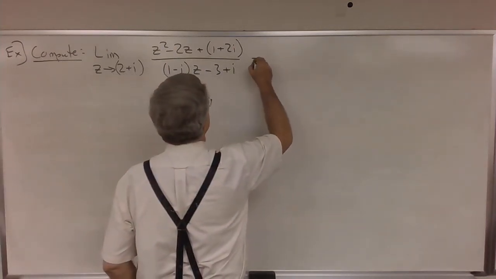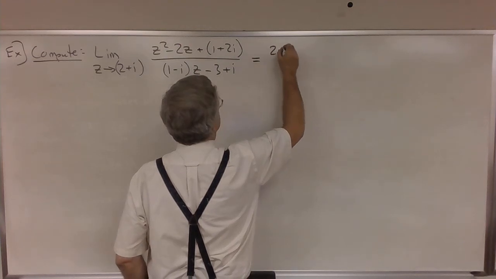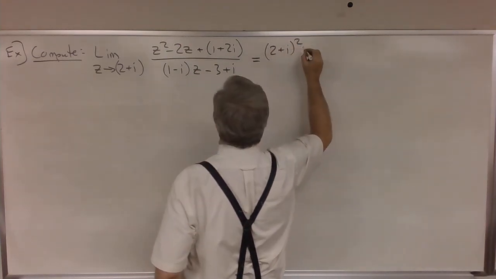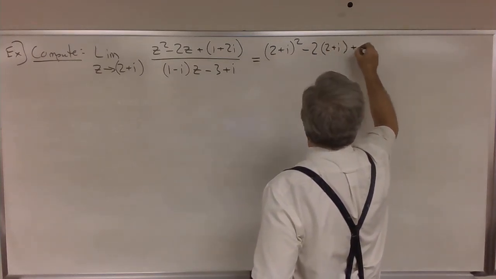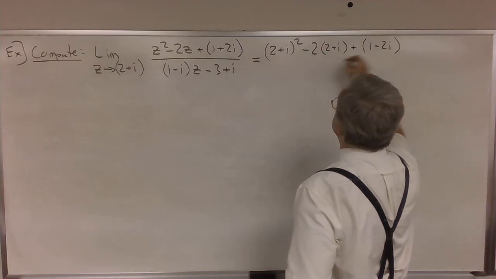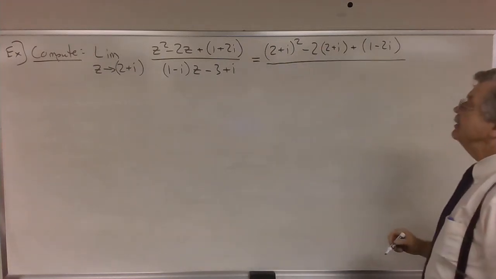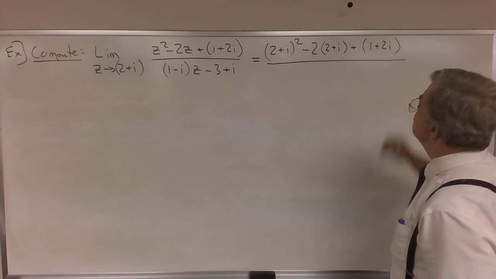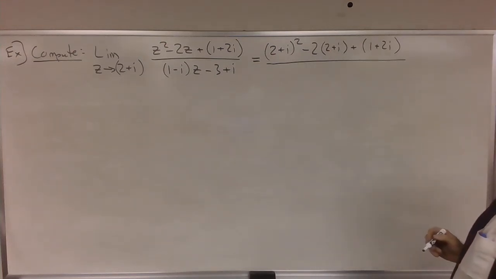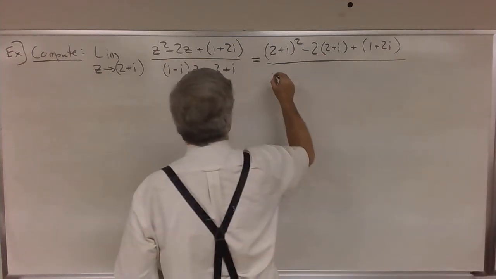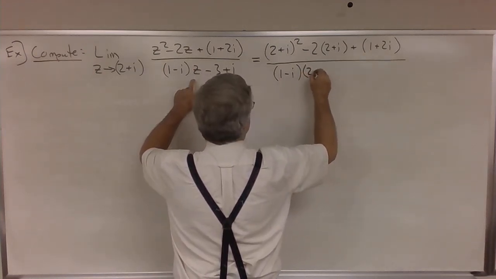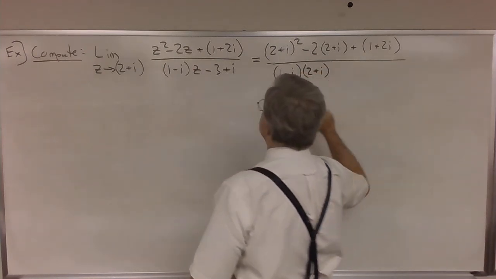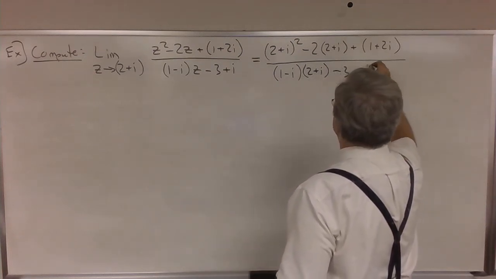We try plugging in and we get 2 plus i squared minus 2 times 2 plus i plus 1 minus 2i. And did I do that right? No, 1 plus 2i here. Okay, I think I did that right. And do the bottom now. 1 minus i times 2 plus i, minus 3 plus i.